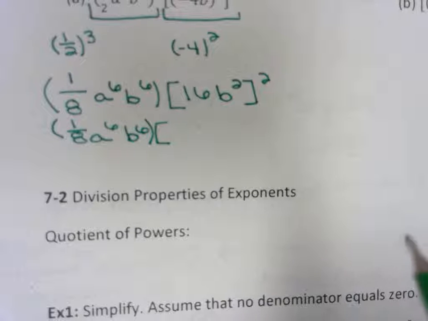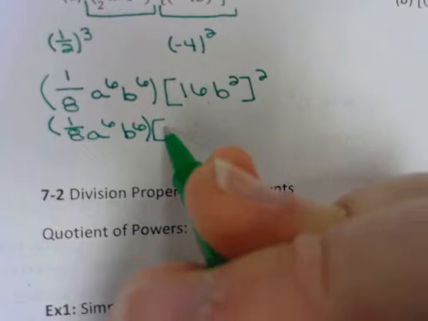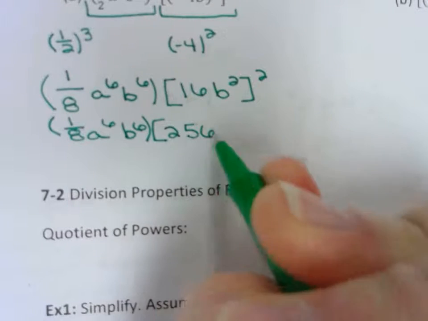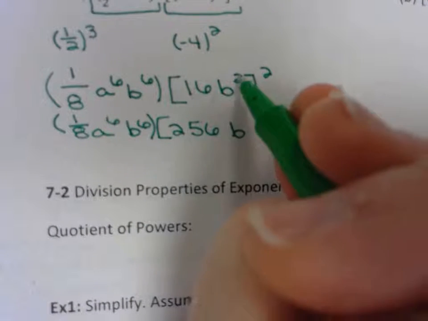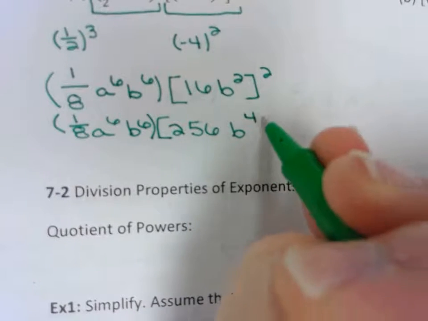You have calculators out. What is it? 256. So 256, and it's going to be b to what power? Yep, multiply them. 2 times 2, b to the 4th.